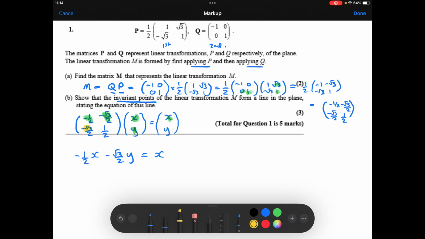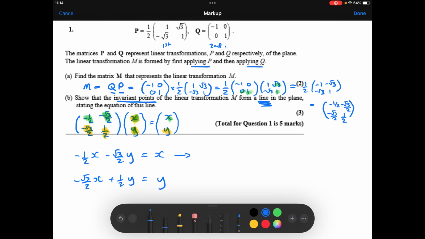Now the y, we're going to have minus root 3 over 2 times x plus 1/2 times y is equal to the y. Right, I'm now going to rearrange these equations and show that I get the same line.